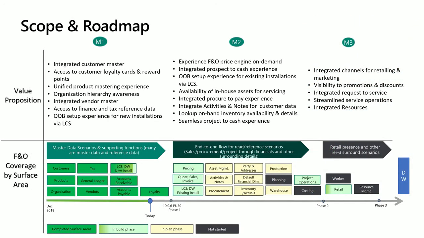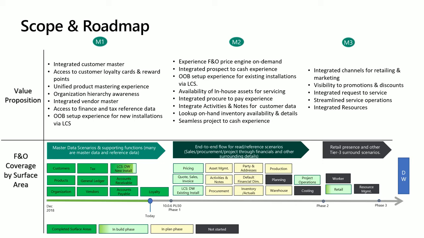So this is how our roadmap looks. I would like to spend a couple of minutes here. We want to make F&O play nicely with CDS, right? Finance and operations, even though it has been split into 3 smaller applications, D365 for finance, D365 for supply chain, and D365 for commerce, covers 27 or 28 surface areas in total.